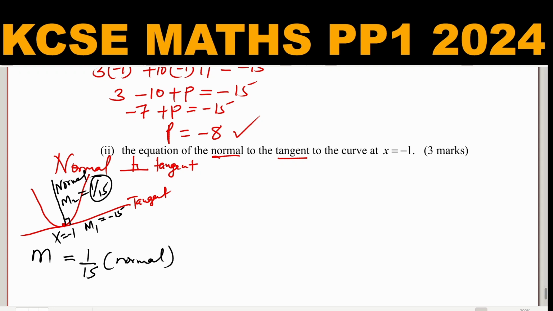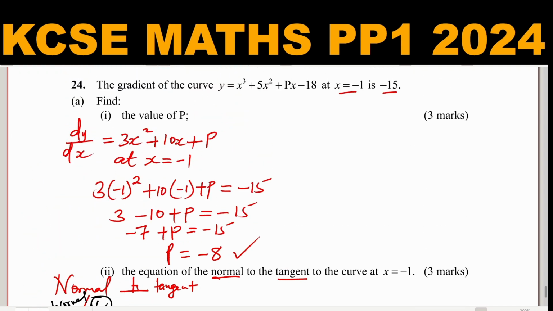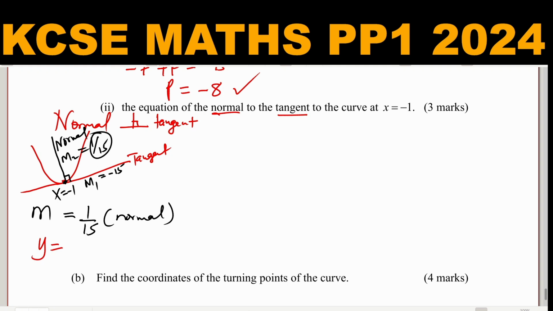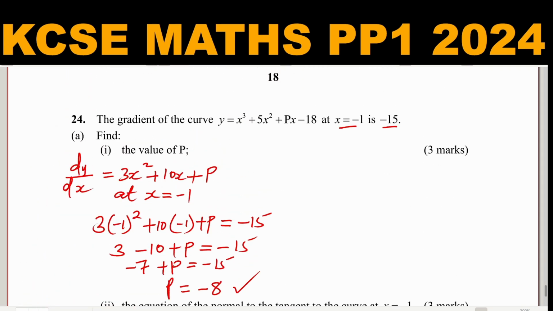Now for us to get the equation, we need the gradient and at least one point. This is a common point, at x equals -1. We need to get the y coordinate using the equation of the curve. The function of the curve is y equals x cubed plus 5x squared plus px.